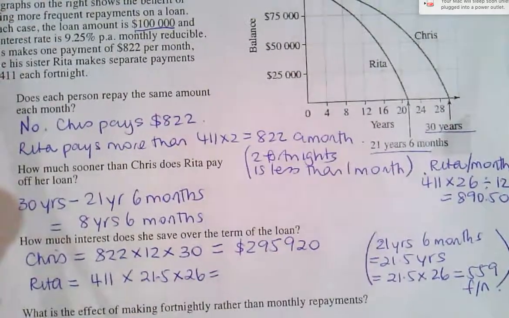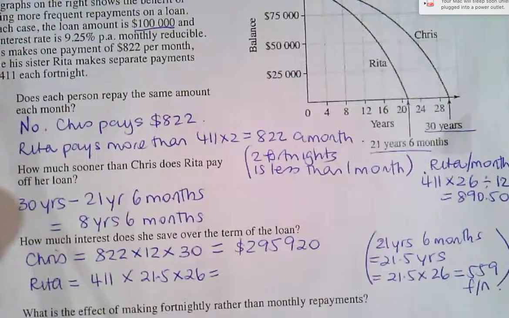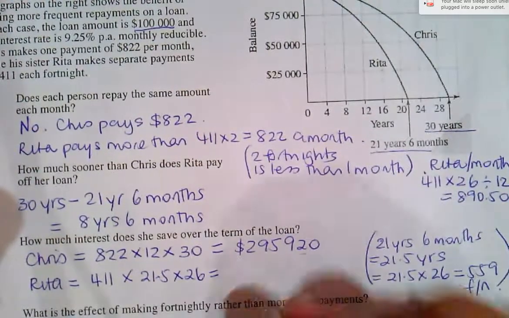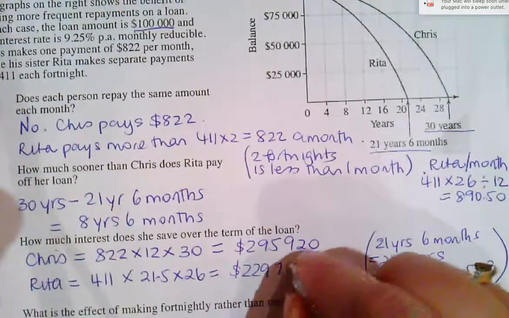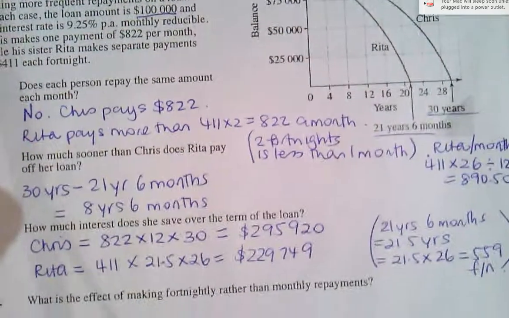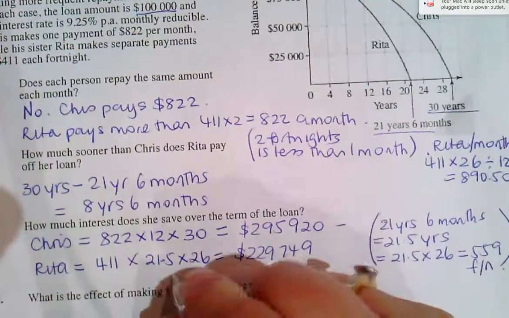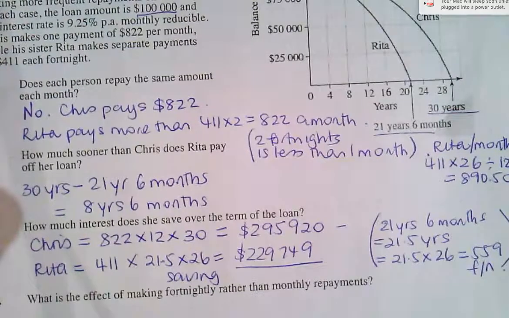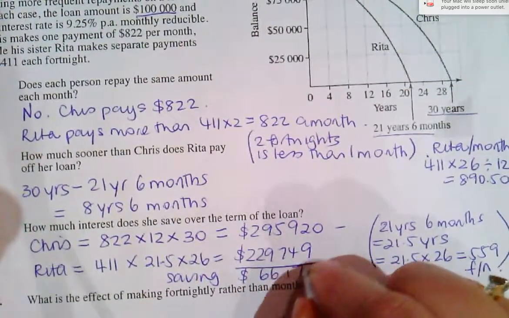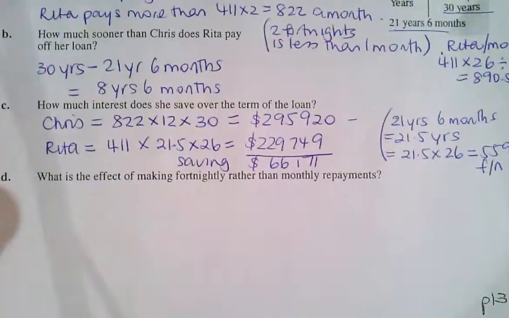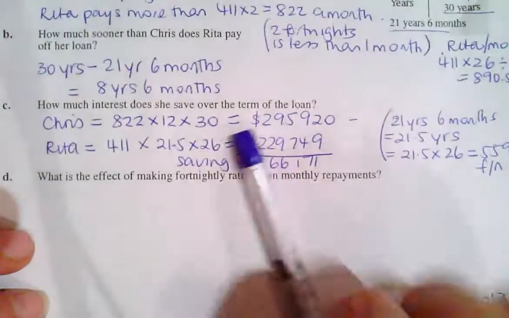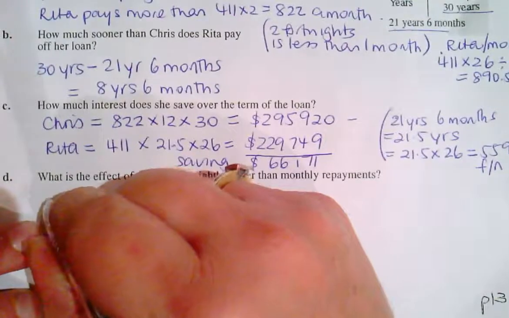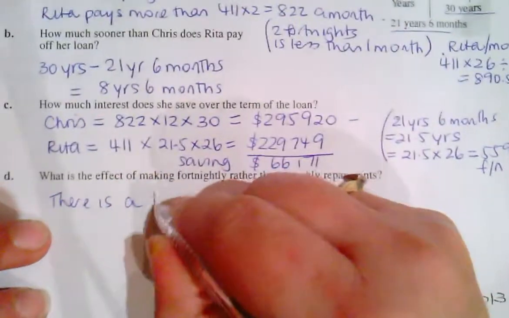And that answer is $229,749. So how much does she save? We'll subtract. So the savings will be the difference between those two total repayments. And I've got $66,171.